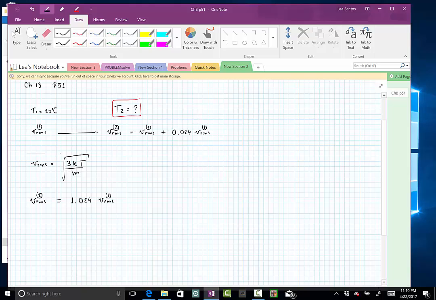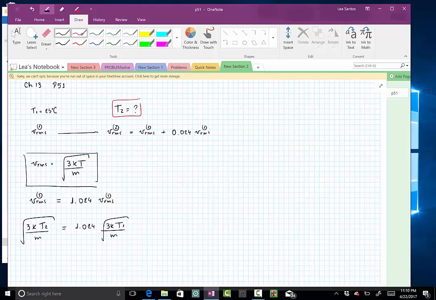Now let me use the equation for the root mean square speed. What we have is the square root of 3kT2, because this will change, divided by m, equals 1.024 times the square root of 3kT1 divided by m. So everything else is the same. The only things that are changing here are these temperatures.